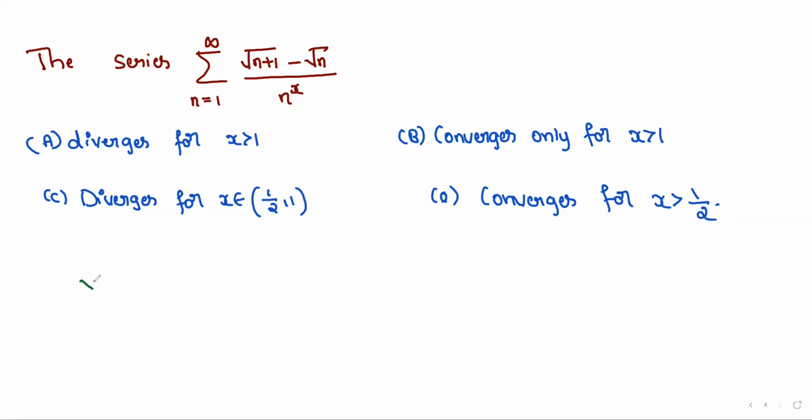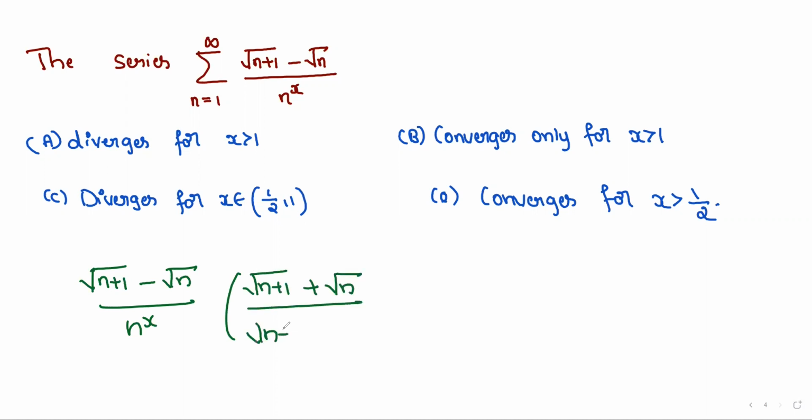Given series is (root n plus 1 minus root n) divided by n power x. First, we need to rationalize this. For this, multiply and divide by root n plus 1 plus root n.